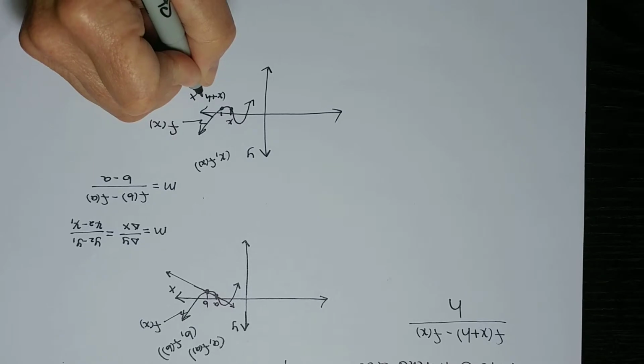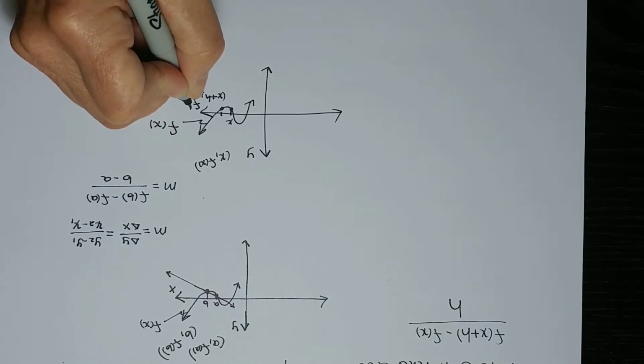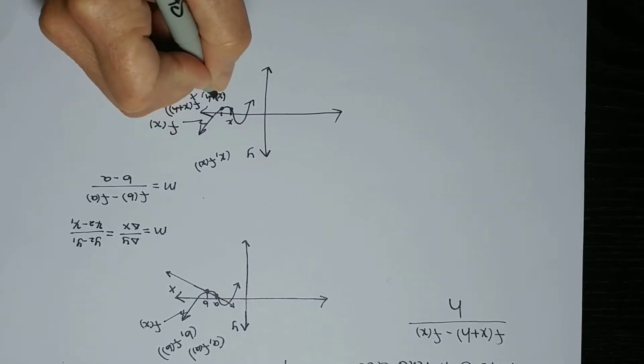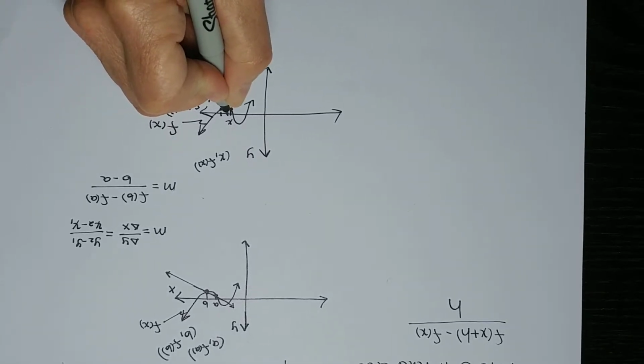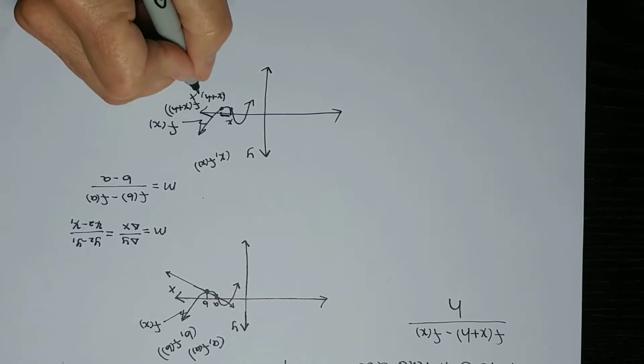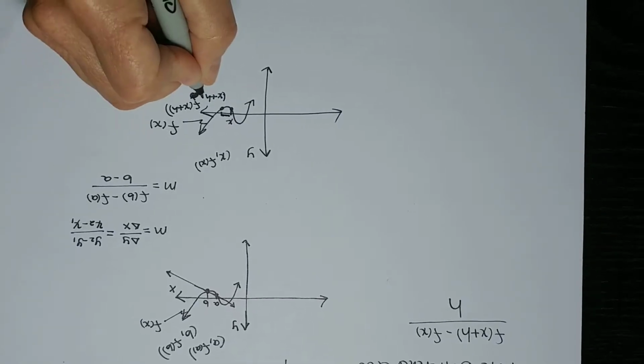So the output will be f of x plus h. So what is this h? It's the distance from here to here on the x-axis. That's what h is.